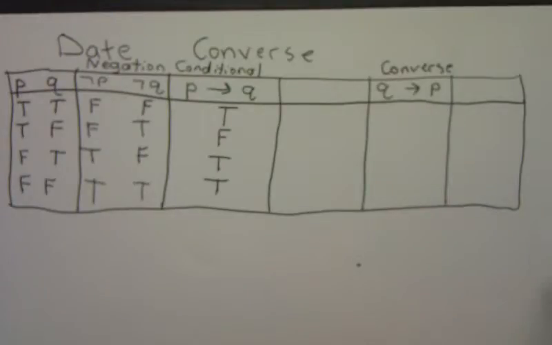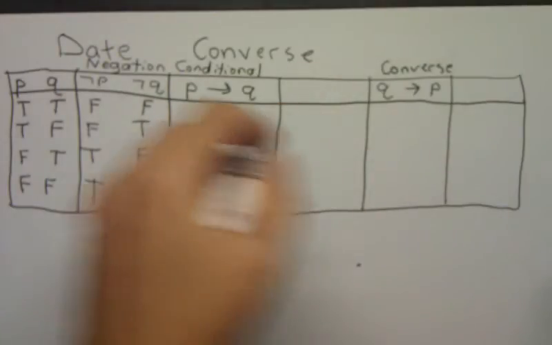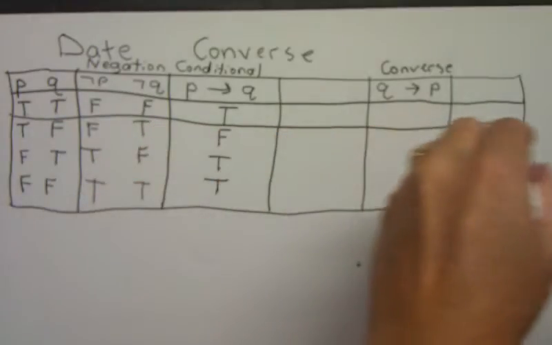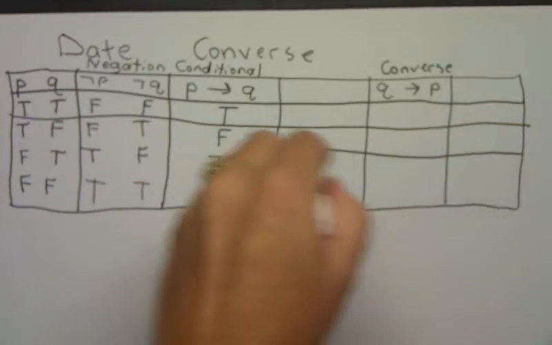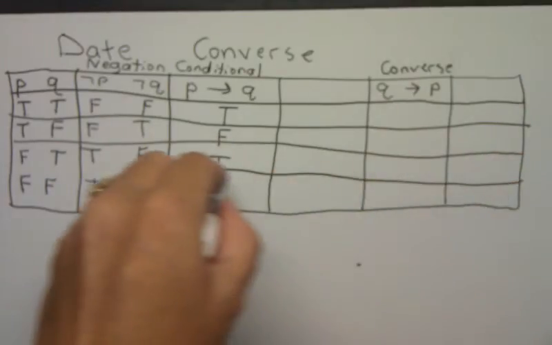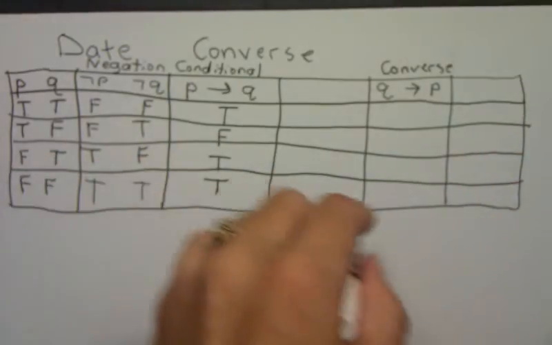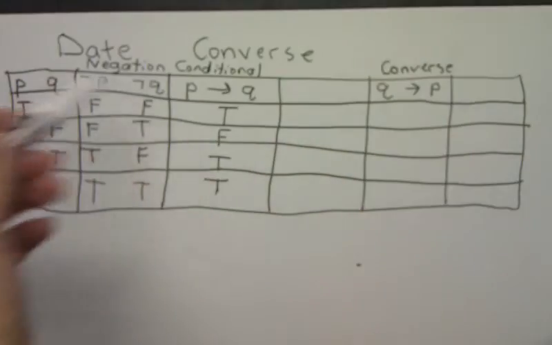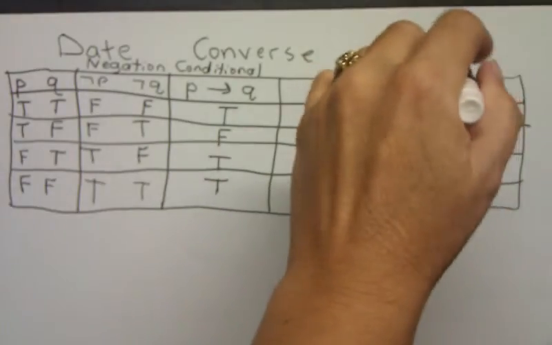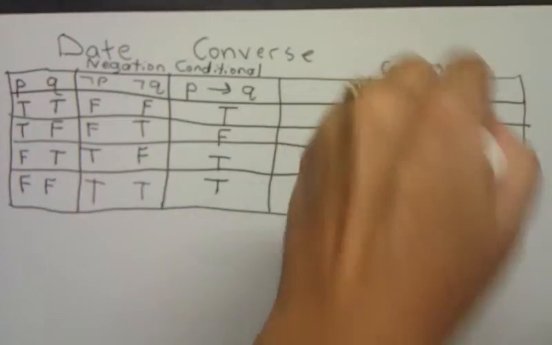And according to our converse, does it confuse you? Should I draw the lines? Will that help you? Probably should have drawn the lines first. My lines are not very straight, are they? Okay. This says if Q is true and P is true, then the converse is also true.